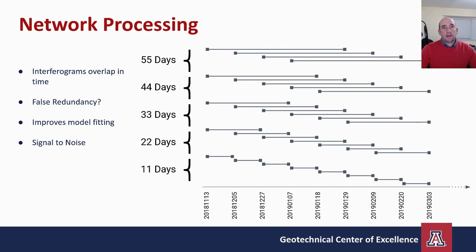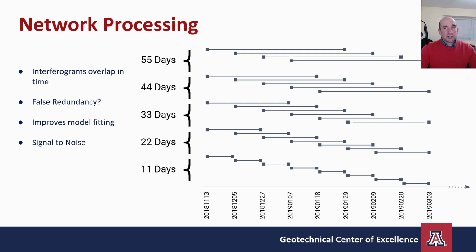I can also look at that like this, which makes it more obvious that these interferograms overlap in time. Statisticians or surveyors might accuse this of introducing a false redundancy into the data, and the only real measurements I have are the SAR scenes themselves along the bottom, and creating 65 interferograms doesn't magically create more observations.